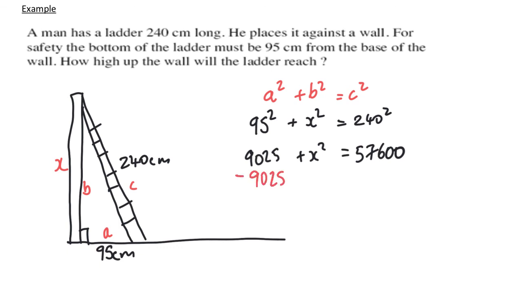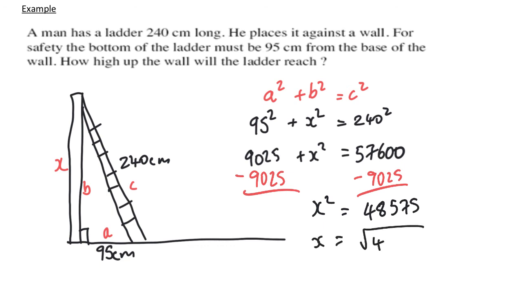So minus 9,025, minus 9,025, and on the left hand side, x squared will just be left, and on the right hand side, 48,575, and x is the square root of that, and that works out to be 220.4 centimeters, and that makes sense because it's smaller than the hypotenuse, than the ladder, so that looks good.